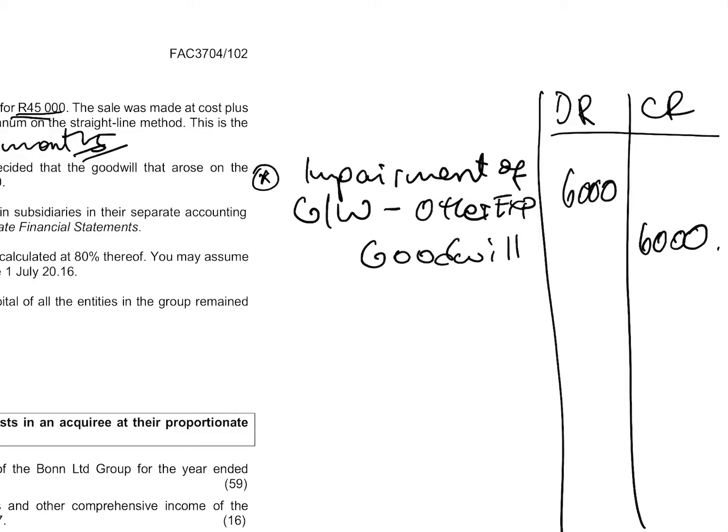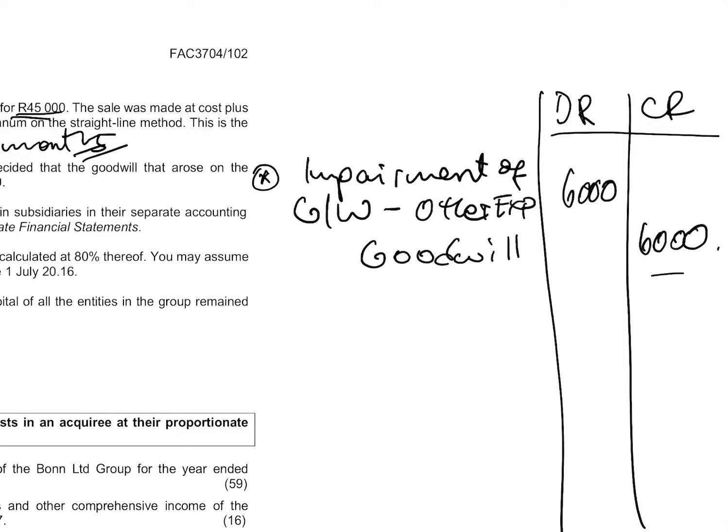So in the statement of financial position, where there is goodwill, you leave a space for the goodwill for the subsidiary and the goodwill in the sub-subsidiary. Then you subtract the 6,000 under the goodwill. Right, then we move on to the next thing.